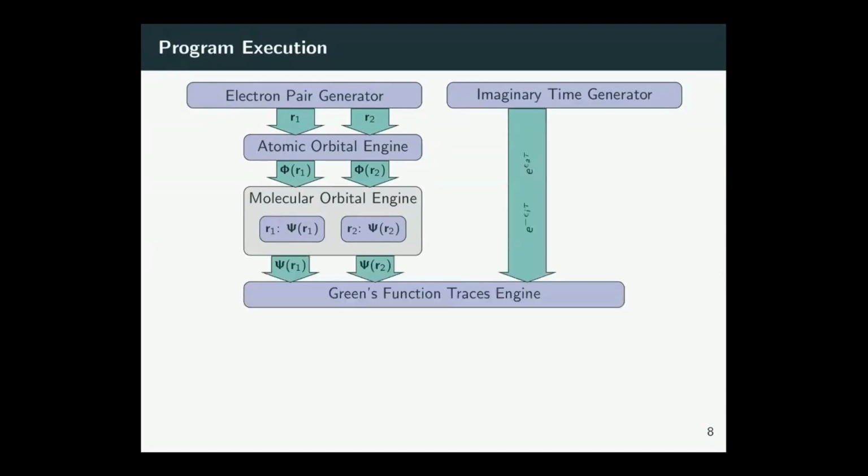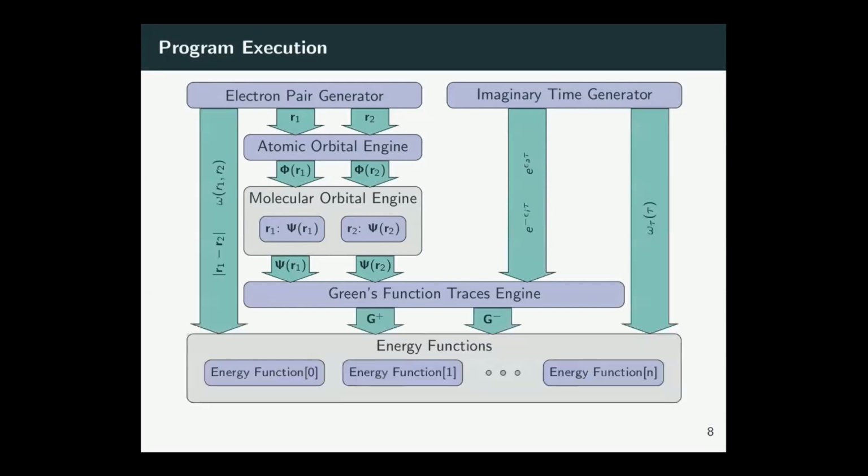Then all of the molecular orbital amplitudes, as well as the exponential factors, are fed into a Green's function trace engine, which internally automatically resizes based on what integrands that we need to calculate in the next step.